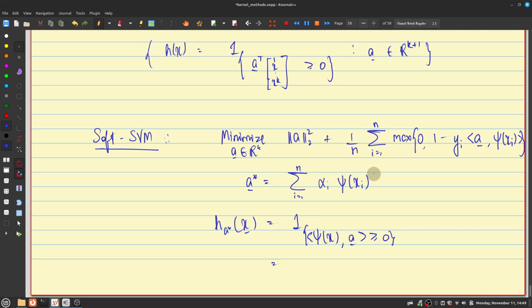But A is just a linear combination of the psi of xi's. So by the linear property of the inner product, this is equal to summation i equal to 1 to n of alpha i times the inner product between psi of x and psi of xi. If this is greater than or equal to 0, then I declare a 1, and I declare a 0 otherwise.